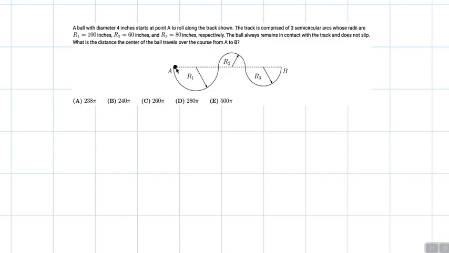Okay, so the center of the ball. Well, I guess probably first we want to think about the center of the ball.